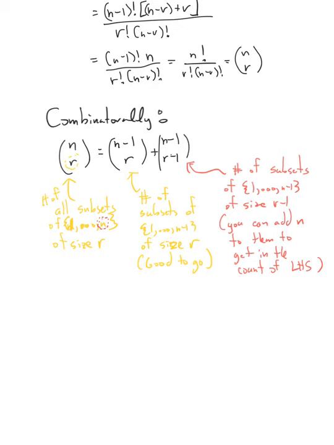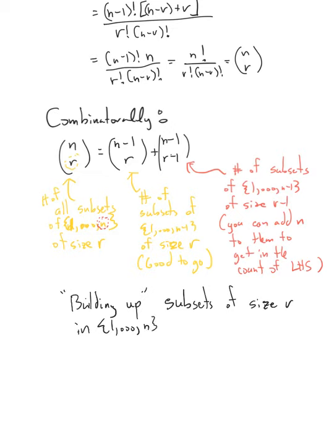So we can think of it as building up subsets of size r in the numbers from 1 to n from subsets of the numbers from 1 to n minus 1.